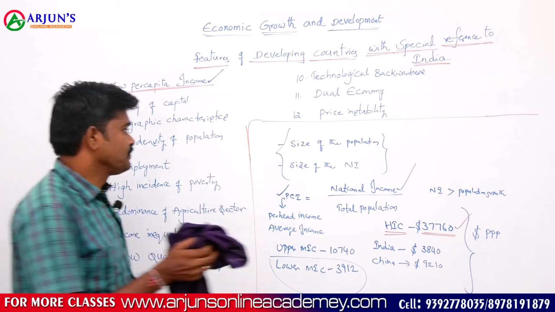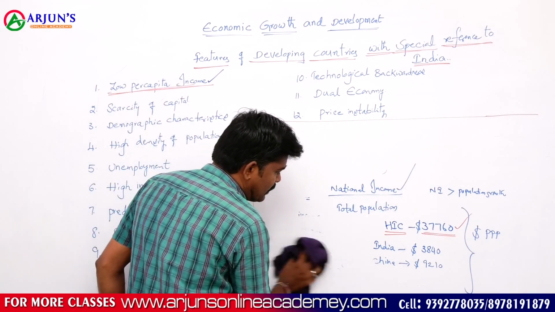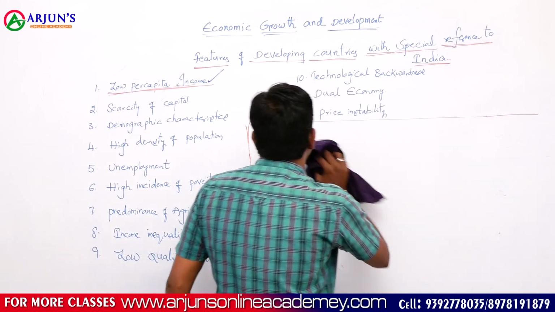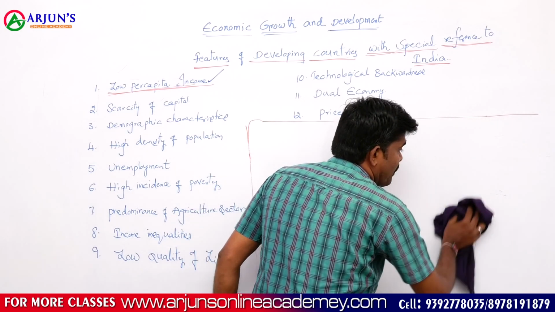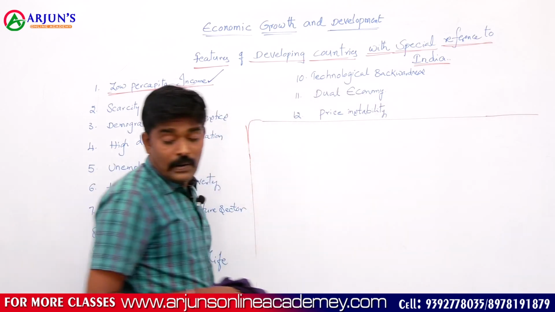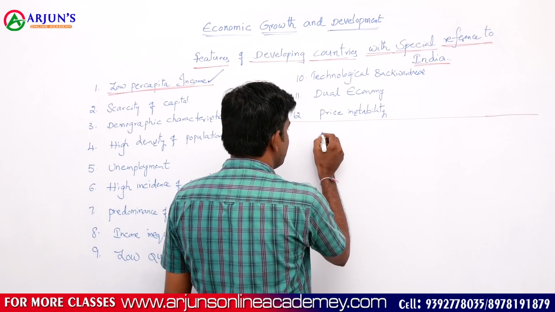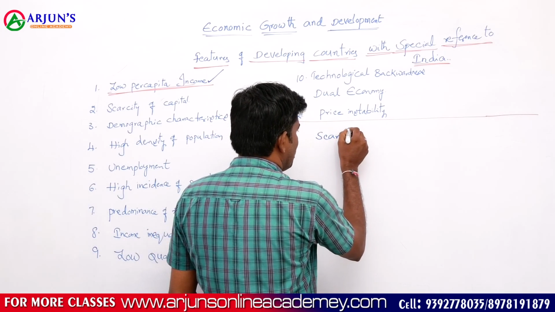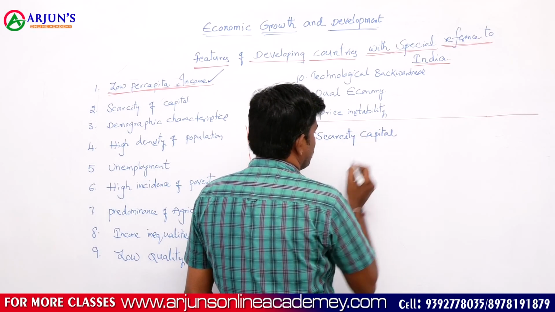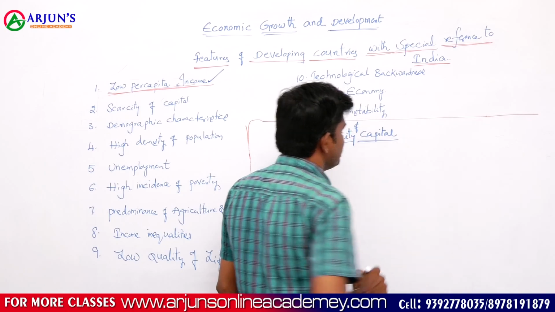So the next one is scarcity of capital. In developed countries, as we discussed, capital formation is very high, with an abundance of capital. But what about developing economies? Scarcity of capital is one of the important characteristic features of developing countries like India.